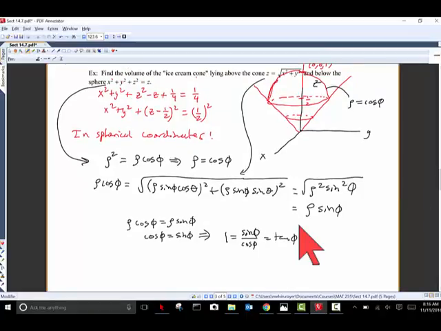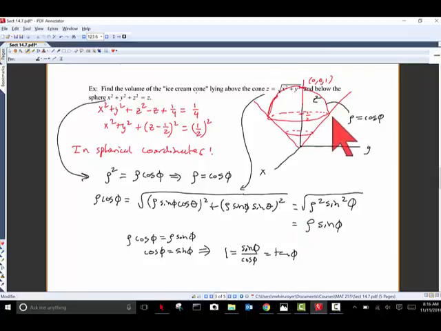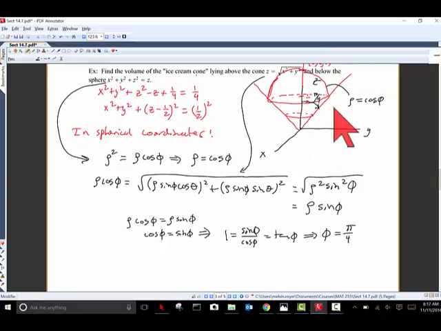We are looking for an angle from the polar axis, or z-axis I should say, whose tangent is 1, and that happens at angle pi over 4. That tells us that phi is the angle pi over 4, the angle of the cone.